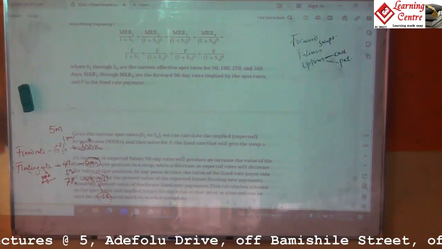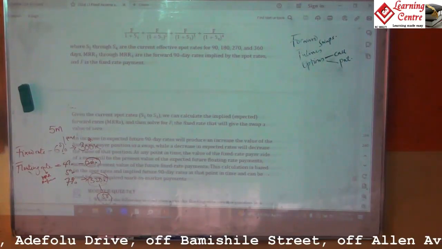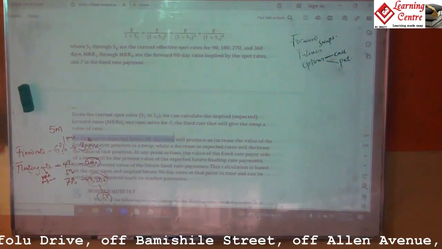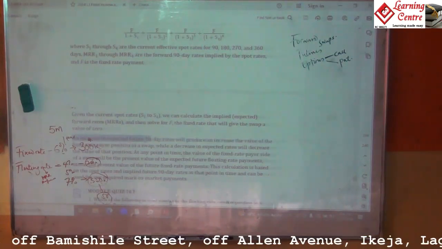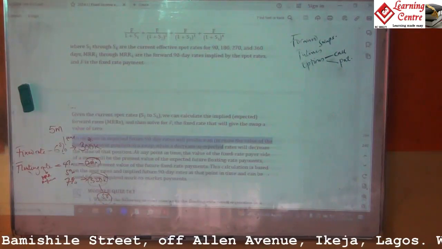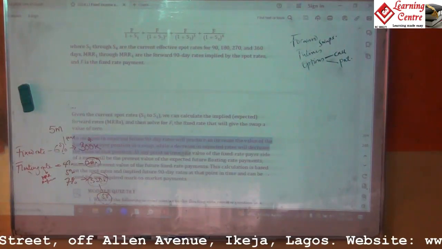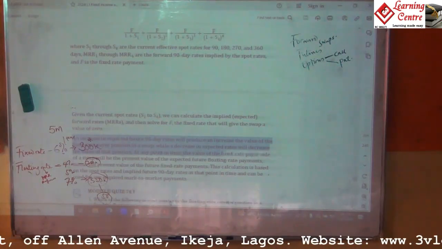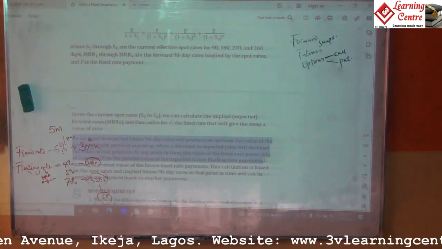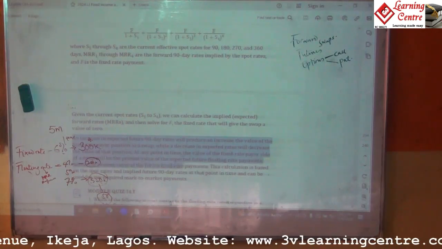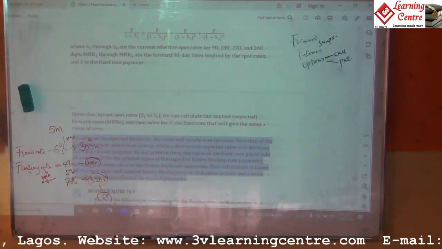Okay? Don't want to bore you with all the calculation. So, an increase in the expected future 90-day rate will produce an increase in the value of the fixed rate payer position in the swap, while a decrease is expected to decrease it, and vice versa. At any point in time, the value of the fixed rate payer side of the swap will be the present value of the expected future floating payments minus the present value of the future fixed rate payments. The calculation is based on spot rates over time.